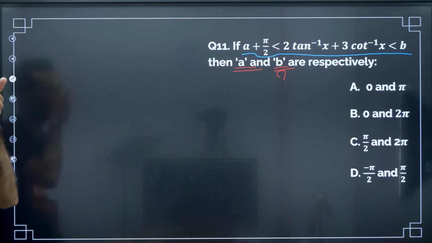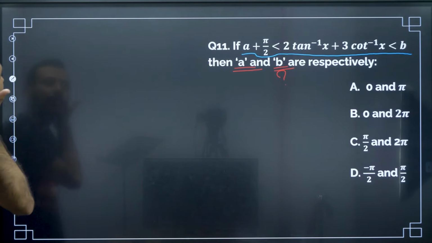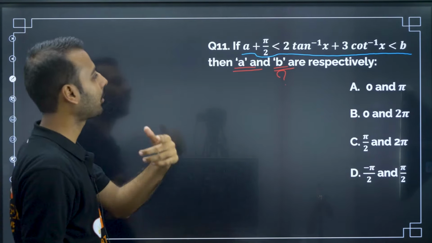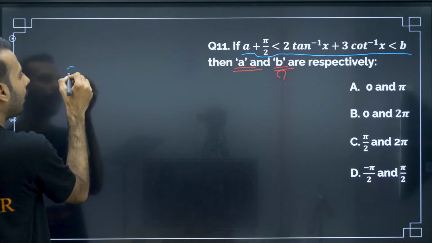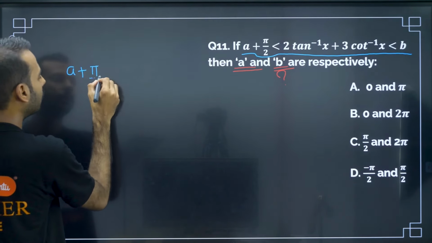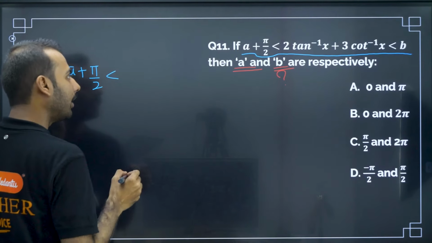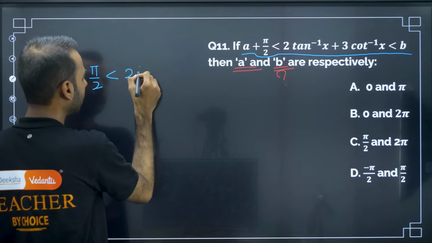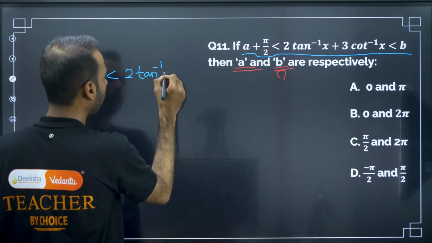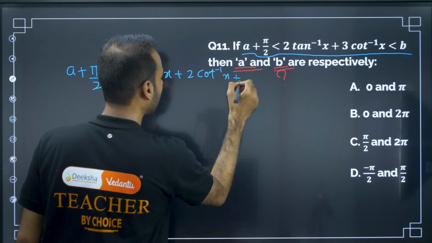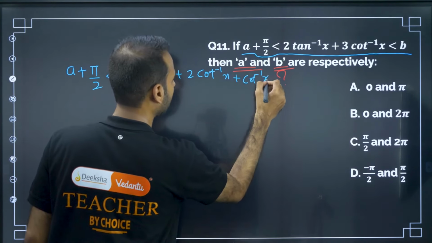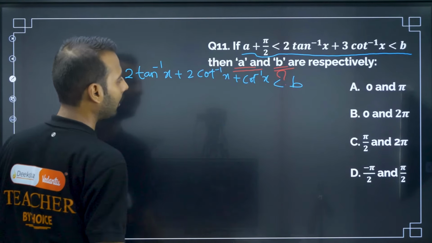A and b are respectively: a plus pi by 2 less than 2 tan inverse x. Let me copy and paste that. A plus pi by 2 less than 2 tan inverse x, plus 2 cot inverse x plus cot inverse x less than b.